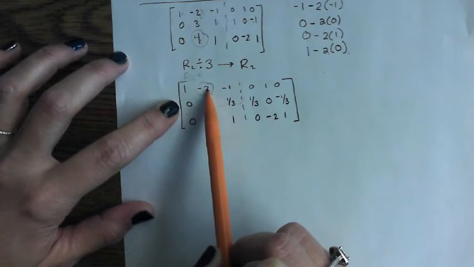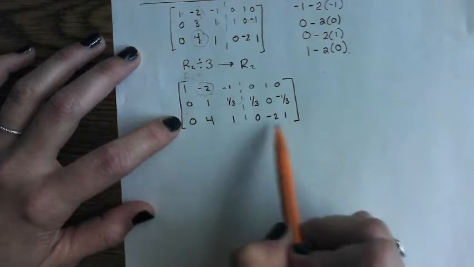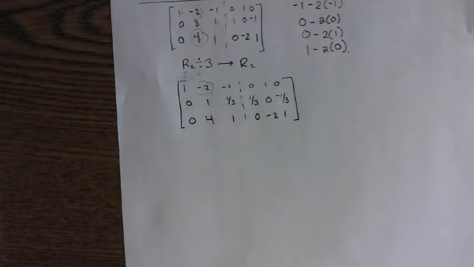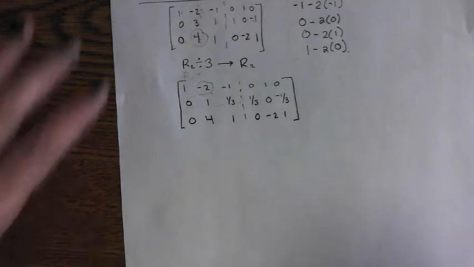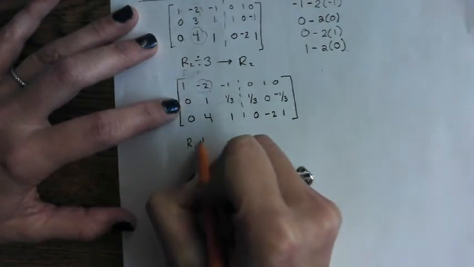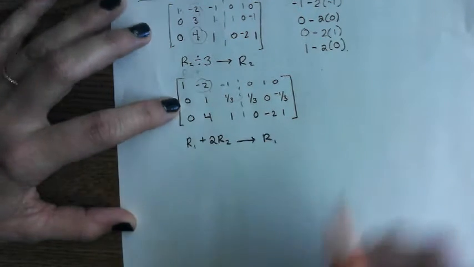Do you follow? You also could have this row and add it together, but I'd rather multiply by a whole number. So I'm going to take row 1 and I'm going to add double row 2, and that's going to replace my row 1.